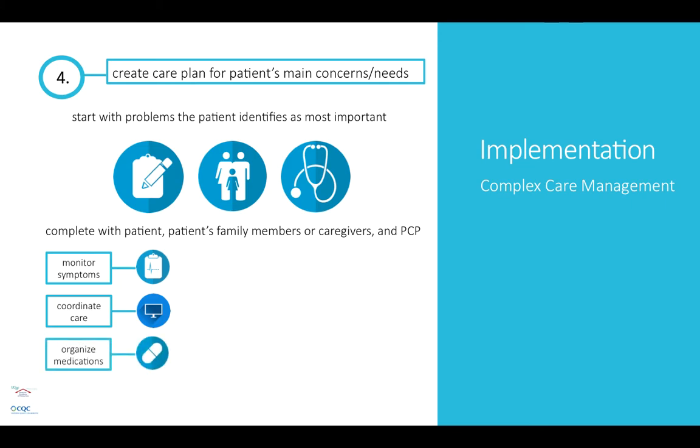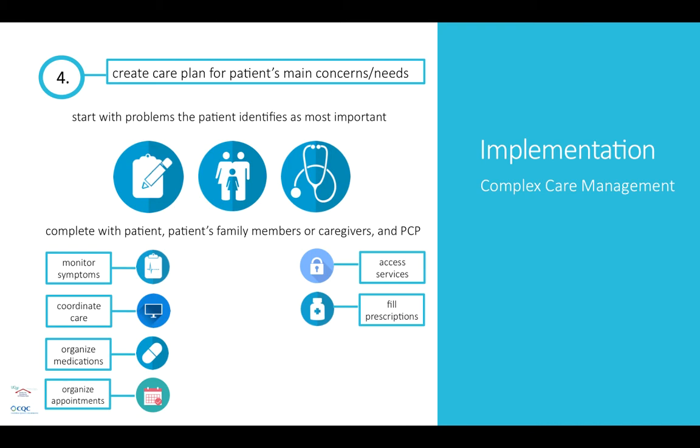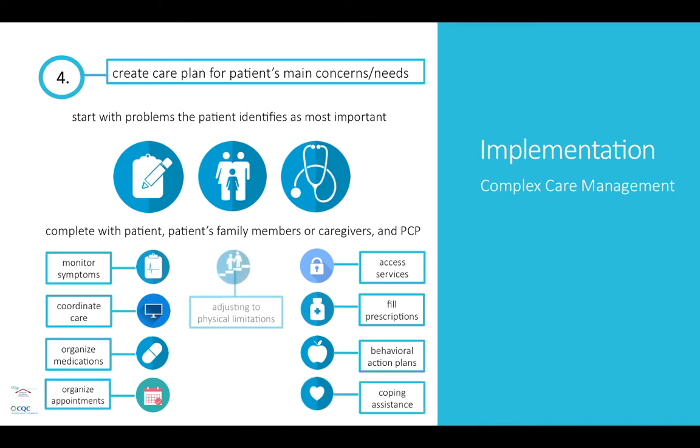Helping patients organize their medications, helping patients organize their healthcare appointments, helping patients access social services, helping patients fill their prescriptions, behavior change action plans on issues such as healthy eating, staying physically active, and medication adherence, assistance with coping, assisting patients in adjusting to physical limitations, teaching patients and families about their diseases and medications.